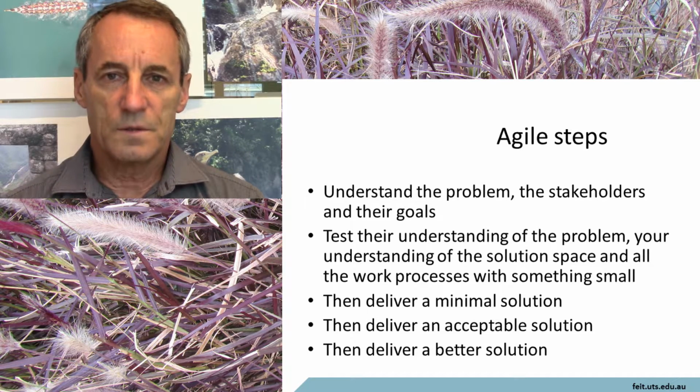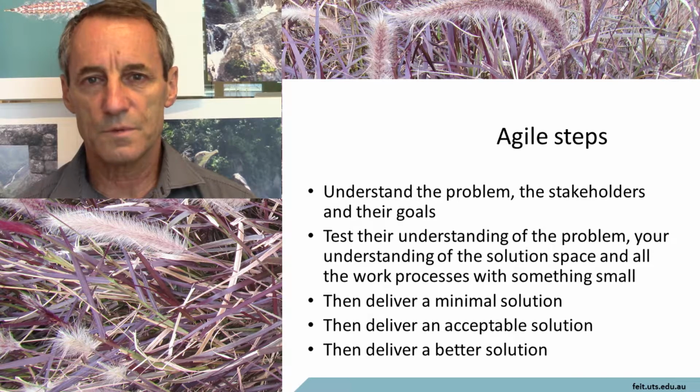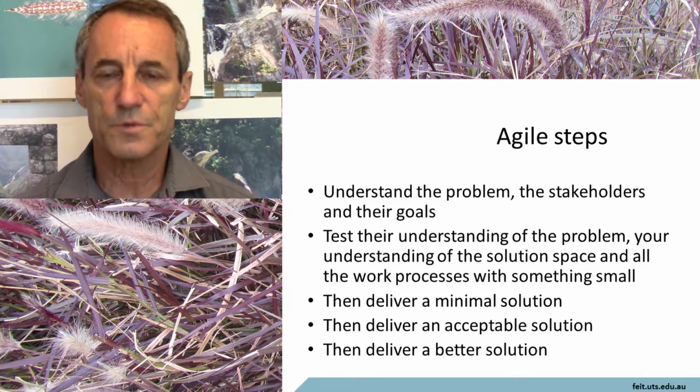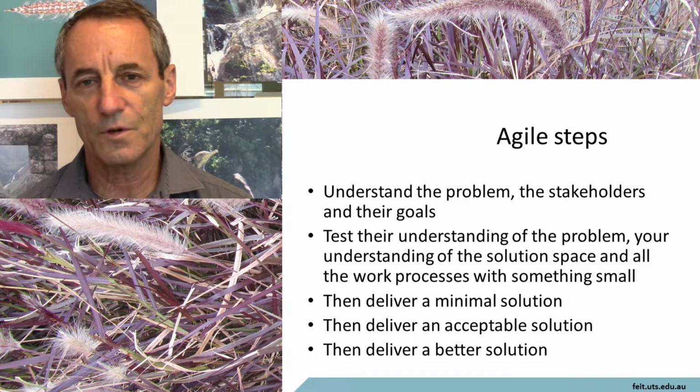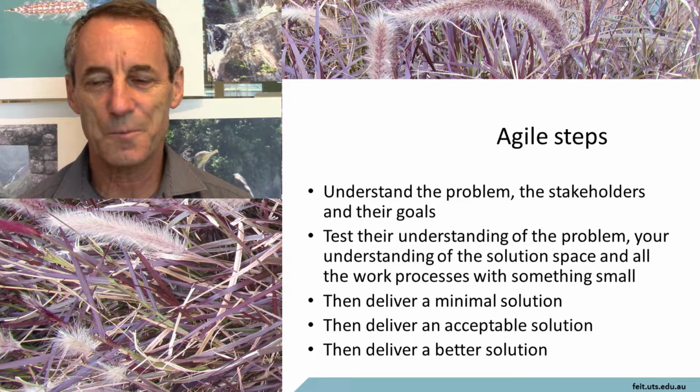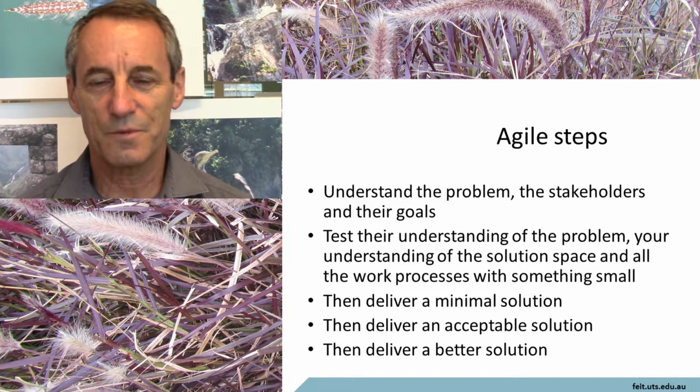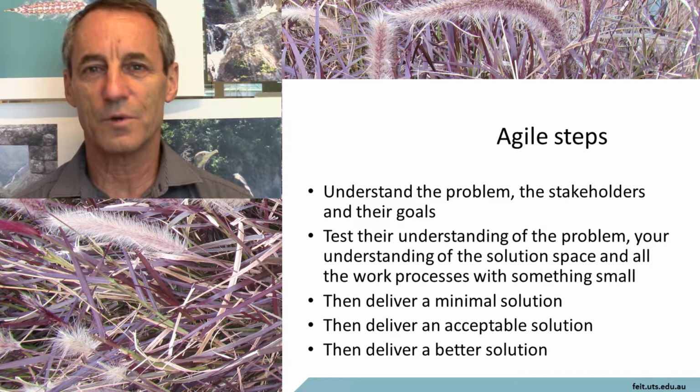We can then deliver a minimal solution, not intended to be the final solution, just a minimal solution to do various things, like mostly to keep the heartbeat going, to show the customer that we're still working and we're delivering things.